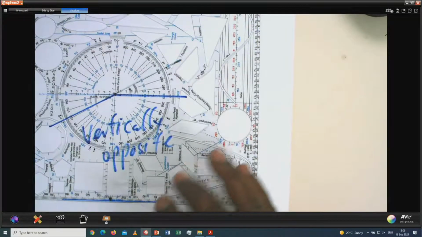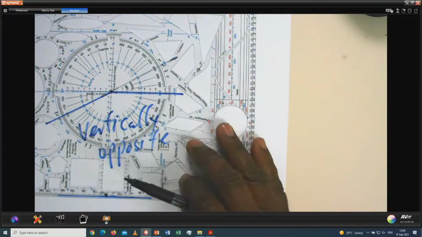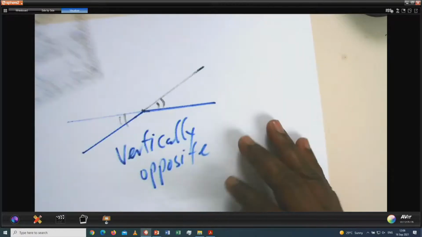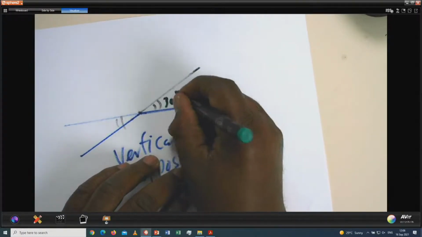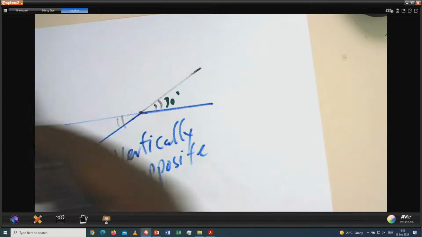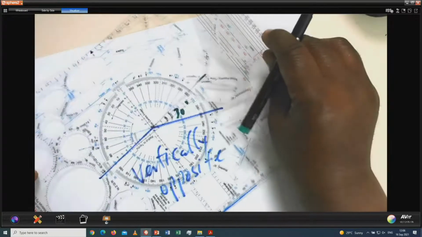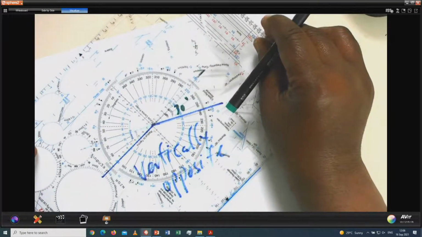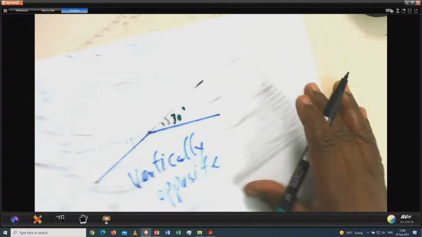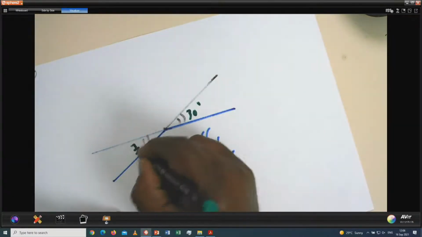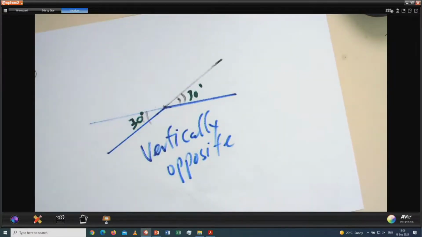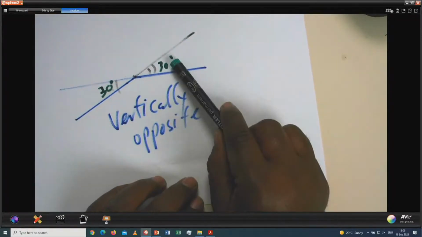That angle is 30 degrees when we measure it. Let's also measure this one. Remember we said we want to see the relationship here. 10, 20, 30 degrees. So if this is 30, this is 30.